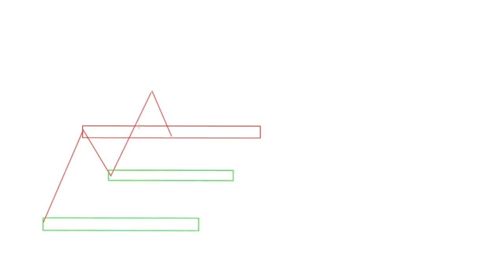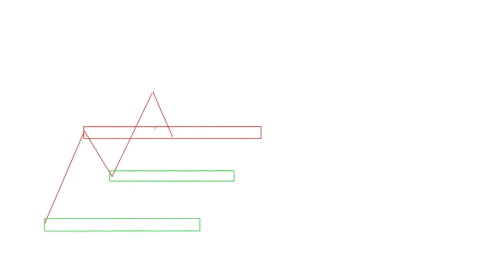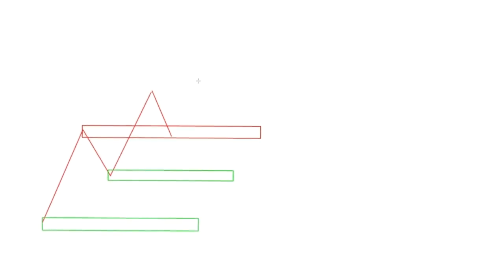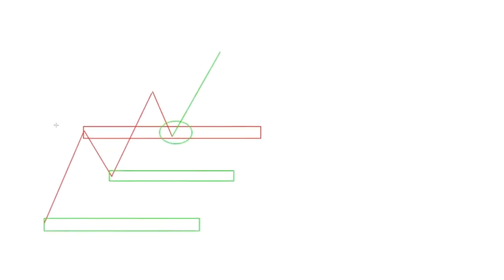The first time it was resisting, but eventually it broke through the specific channel or point or area, and next time when it comes back, it will test it as support, meaning that we can expect a movement like this. This is what we call support turns into resistance, and this is the scenario of an uptrend.